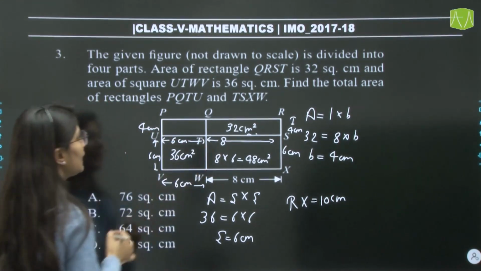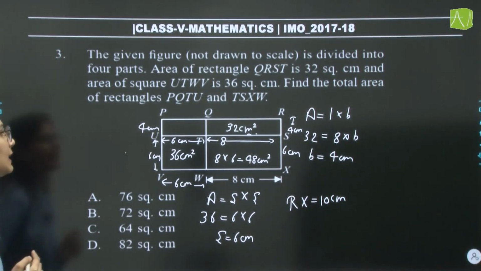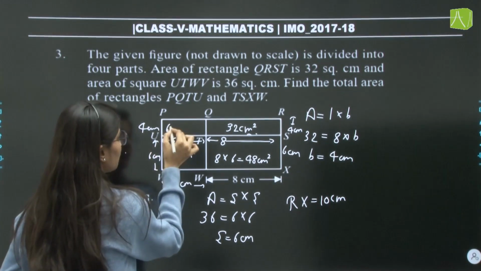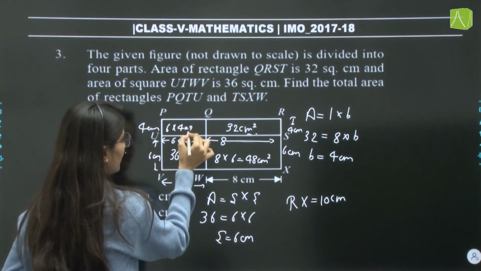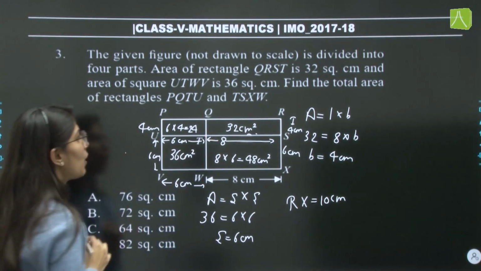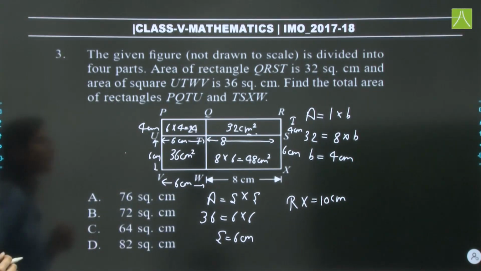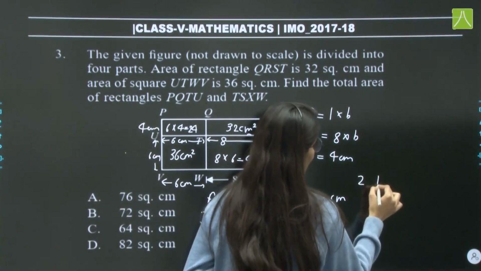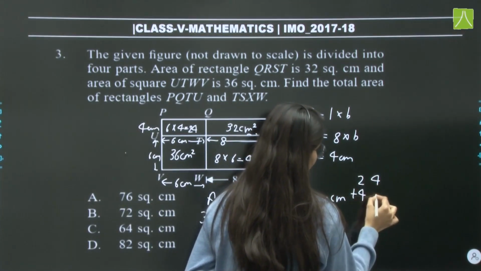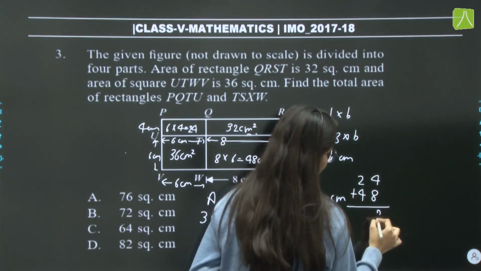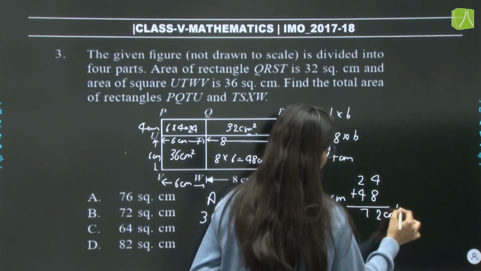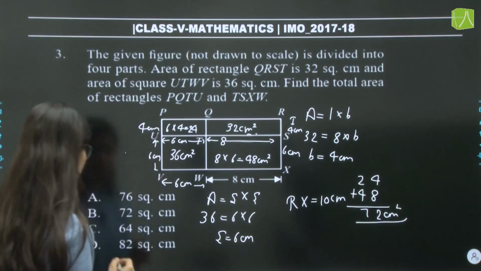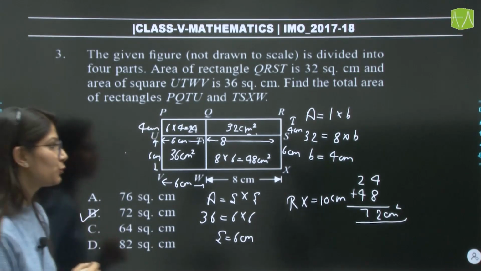So we can find out the area of PQTU is 6 into 4, 24 centimeter square. And now you have to find out the total area of rectangles PQTU and TSXW. This will be 24 plus 48. When you add these two, you will get the answer as 72 centimeter square. This is option B. Now let's move to the next question.